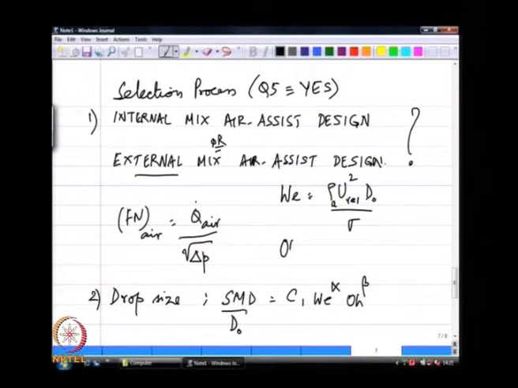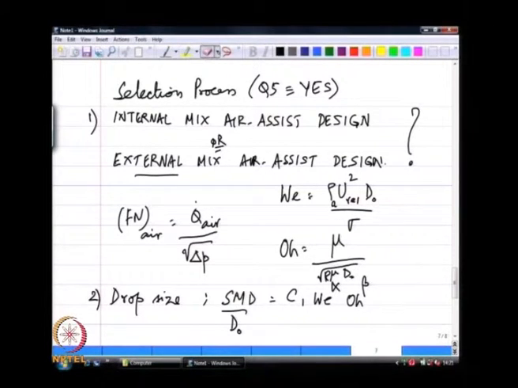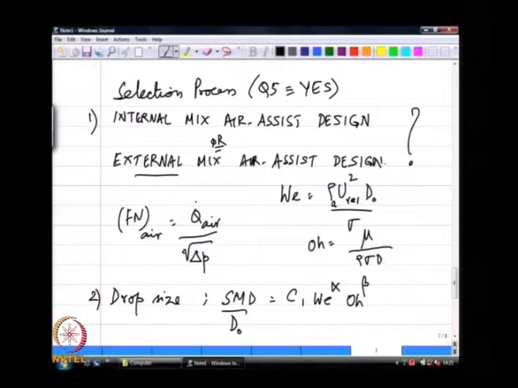The Ohnesorge number, I believe, is that.